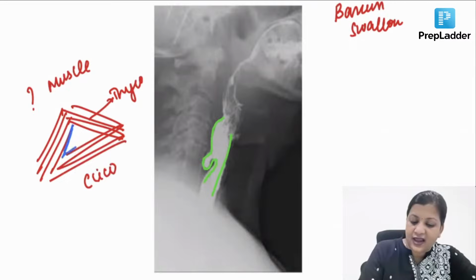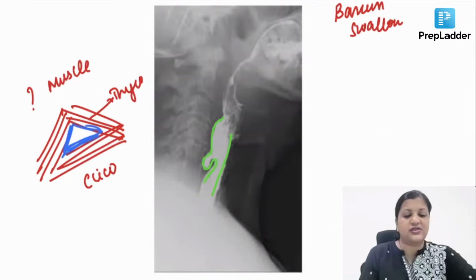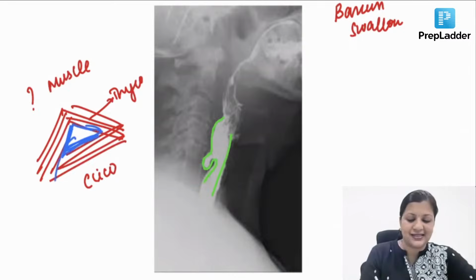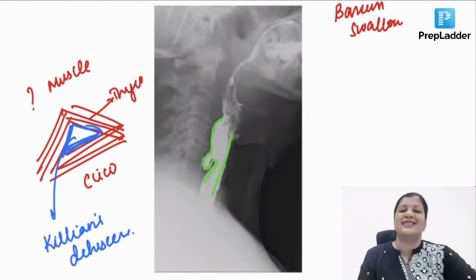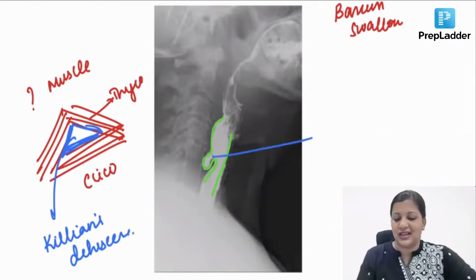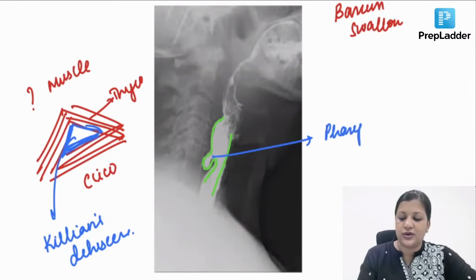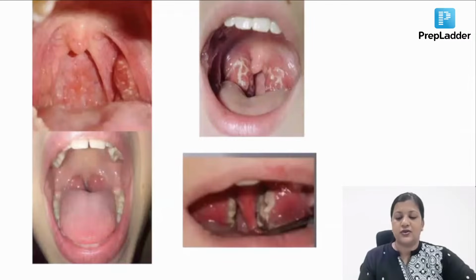Between them, there's a triangular area of dehiscence. What is this called? Yes, this is called Killian's dehiscence. And when there is an outpouching of mucosa, what do you call it? Zenker's diverticulum. So this is nothing but your pharyngeal pouch, also called Zenker's diverticulum. Very good. Now let's go to the next image.